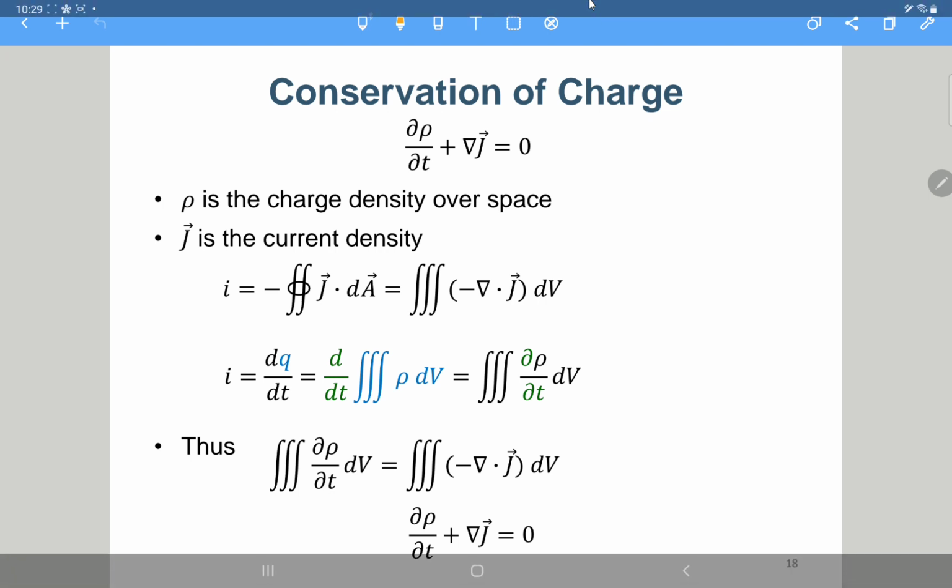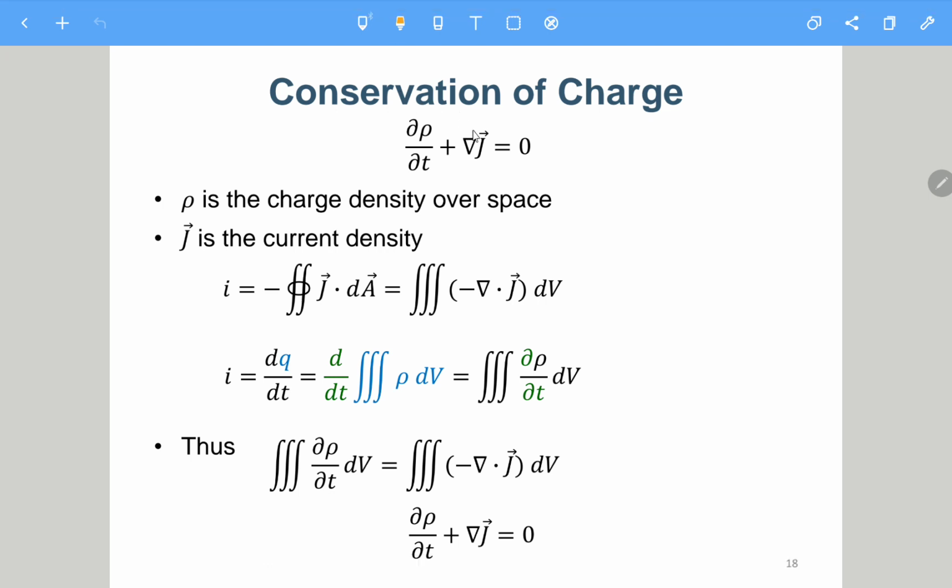So for the conservation of charge, if we need to write it as an equation, it will look like this. It looks complicated. We have the gradient here, and also the partial derivative. How come it looks like this? So here we try to derive it.